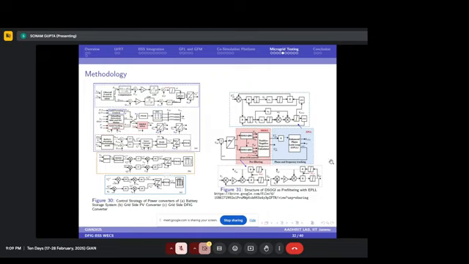And one more thing we have done here is, whatever reference frequency we consider, we take it directly from the grid forming control.